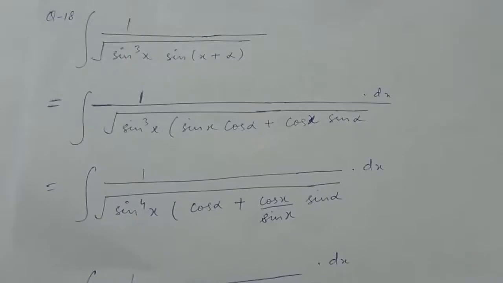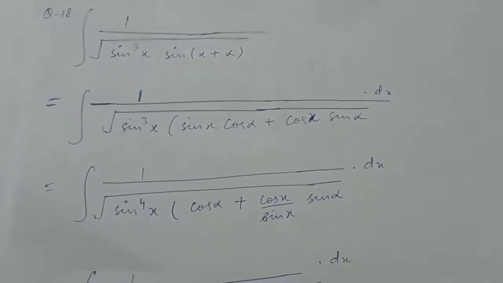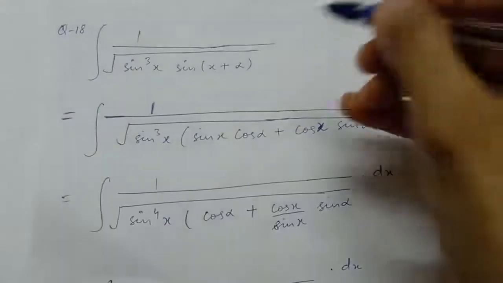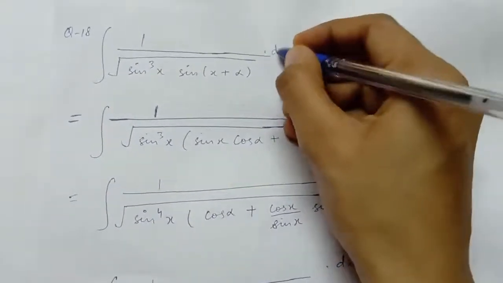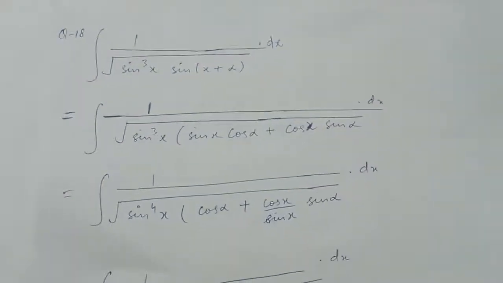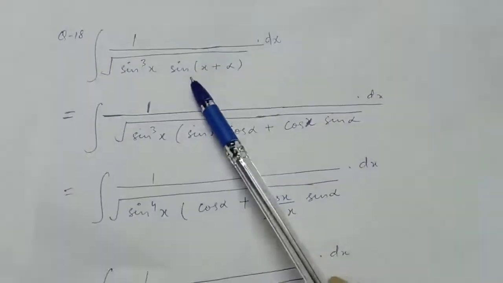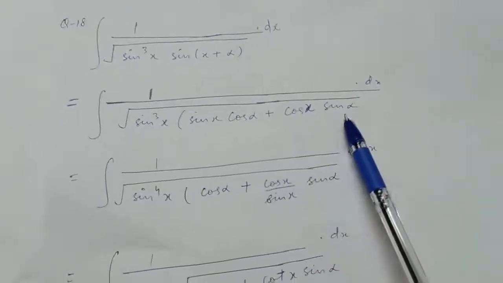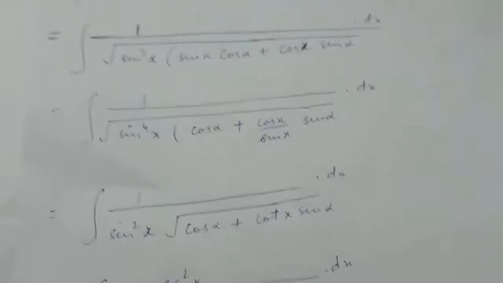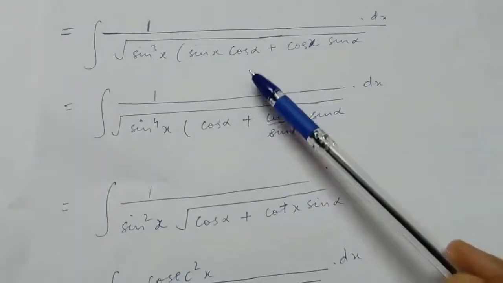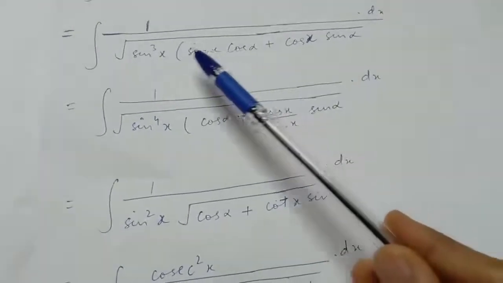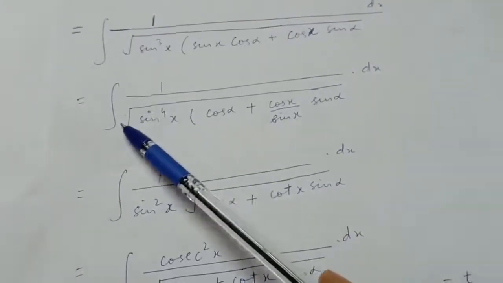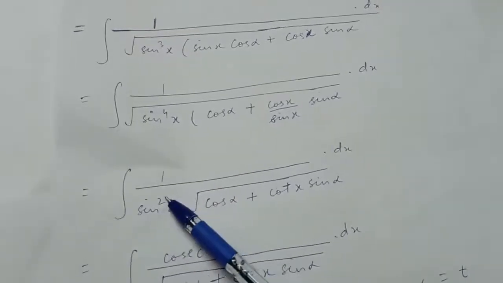Number 18 is the integral of 1 upon root of sin cube x into sin (x plus alpha) dx, right? Now open this sin (a plus b), which is sin a cos b plus cos a sin b. Now see, if I take sin x common from both of these terms, then this will become sin x raised to the power 4, which can be taken out from the root as sin square x.